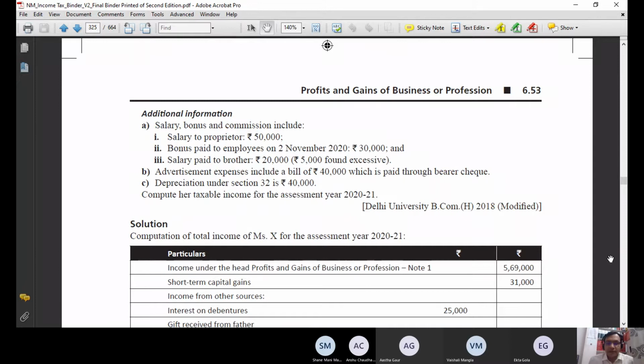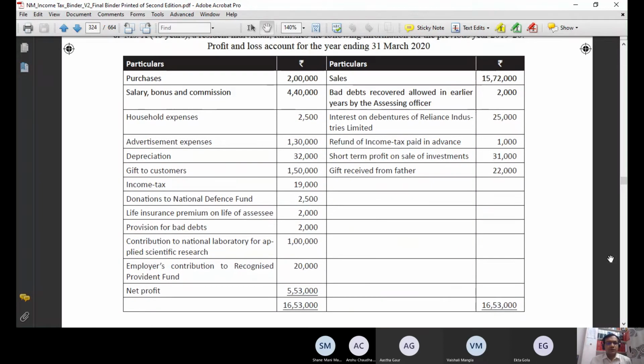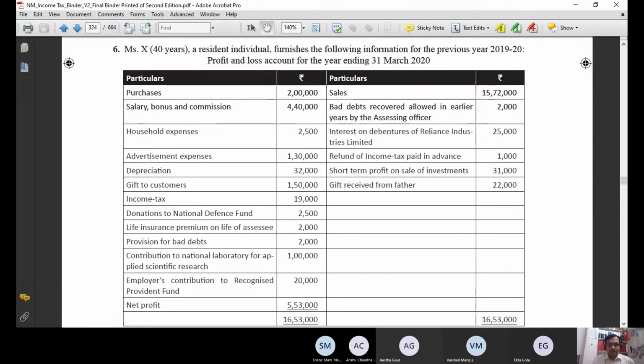It is basically your examination case of 2018. This is the only case I will discuss. It is given on page 6.52 in my book, page 6.52, question number 6.